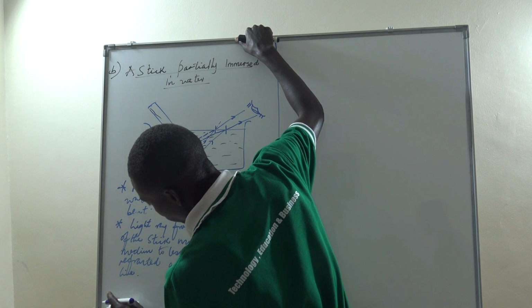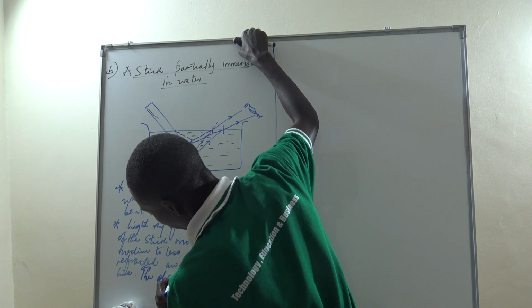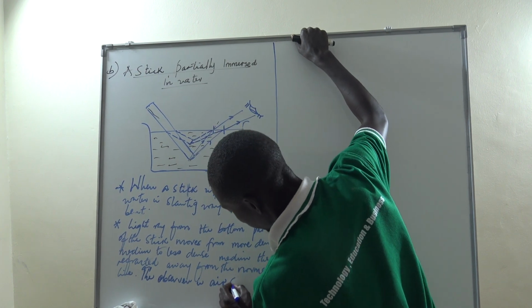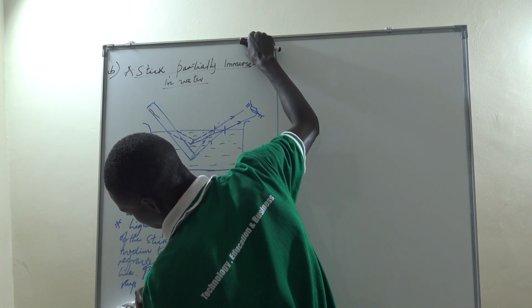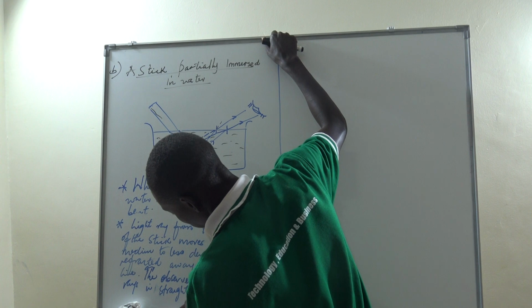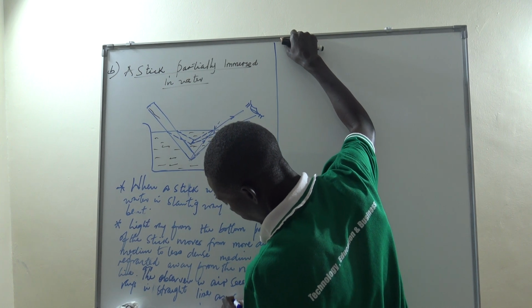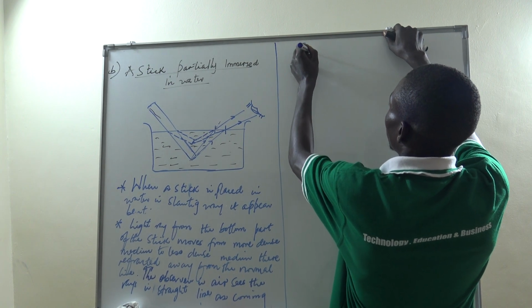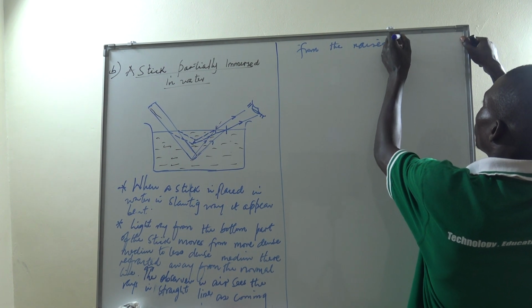And then I can say the observer in air sees the rays in straight line as coming from the raised part of the stick.